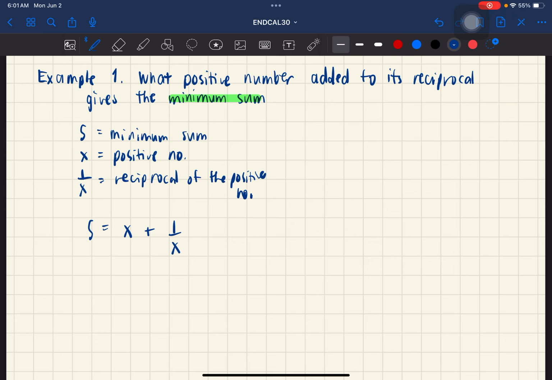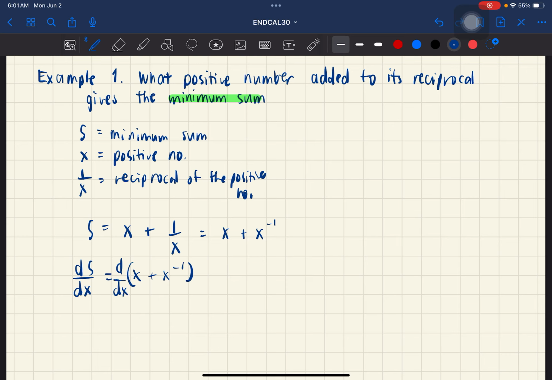And then we can rewrite this, since this is a reciprocal, as x plus x raised to negative 1. And then we can derive. So we can get the derivative of S with respect to x. Same thing that we will be doing here, x plus x raised to negative 1, we get the derivative with respect to x.